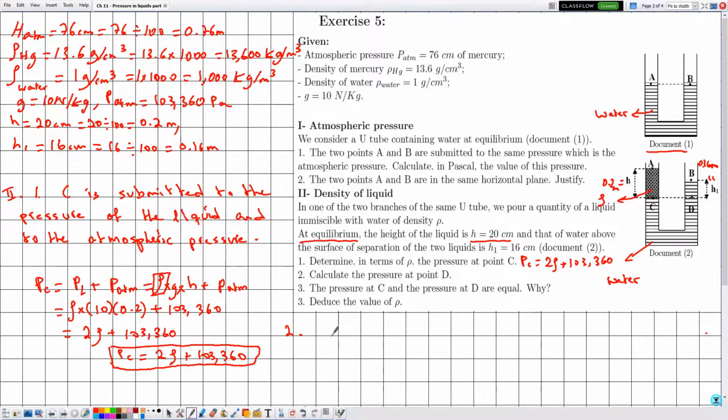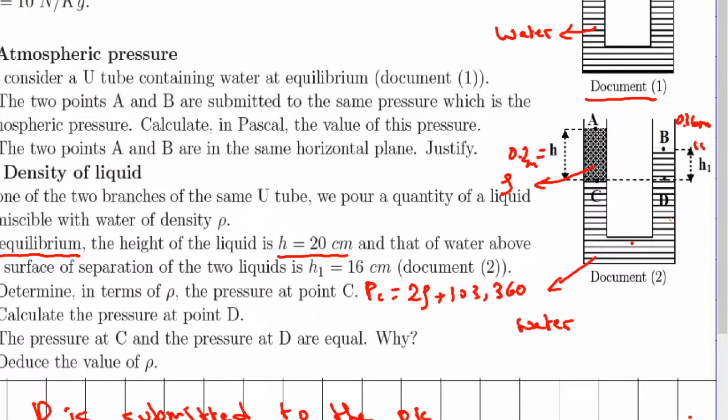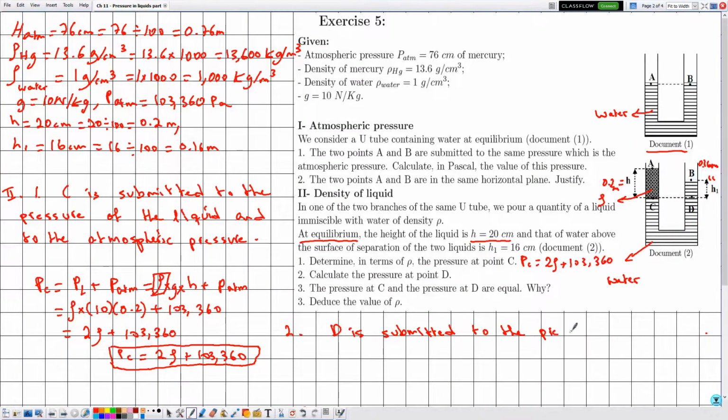So let's say first that D is submitted to the pressure. This shaded liquid is given by water. So let's say this is submitted to the pressure of water and to the atmospheric pressure.